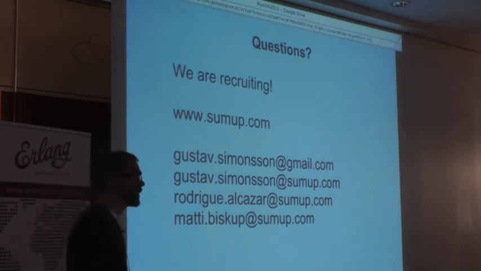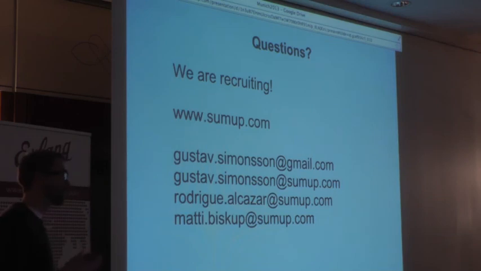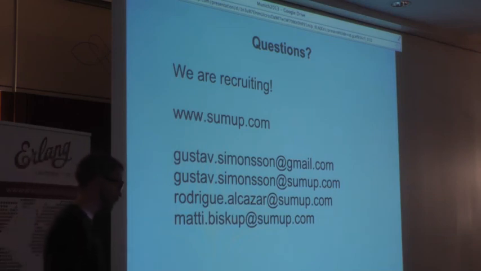So they know Erlang now? That's a good question. I think they're getting better at Erlang. Is your architecture now fully Erlang, or are there other moving parts? It's still a combination of Erlang and Ruby components. For the payment flow itself, we want to move to use only Erlang, but we will still keep some components.